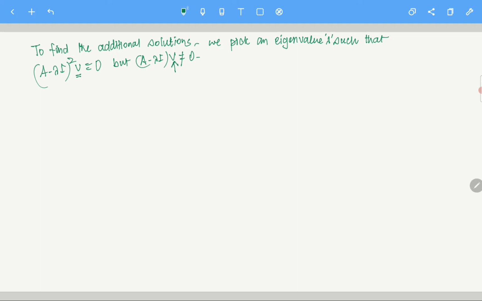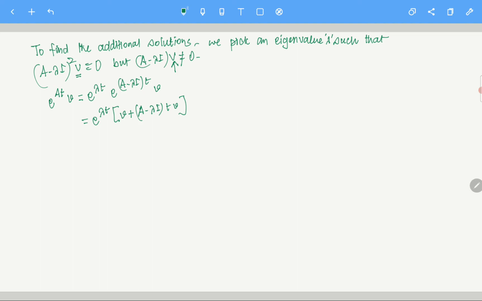Clear? For such a vector, e to the power At times v can be written as e to the power lambda t, e to the power (A minus lambda I) t, times v. If you write it down, you get e to the power lambda t times (v plus (A minus lambda I) t v).